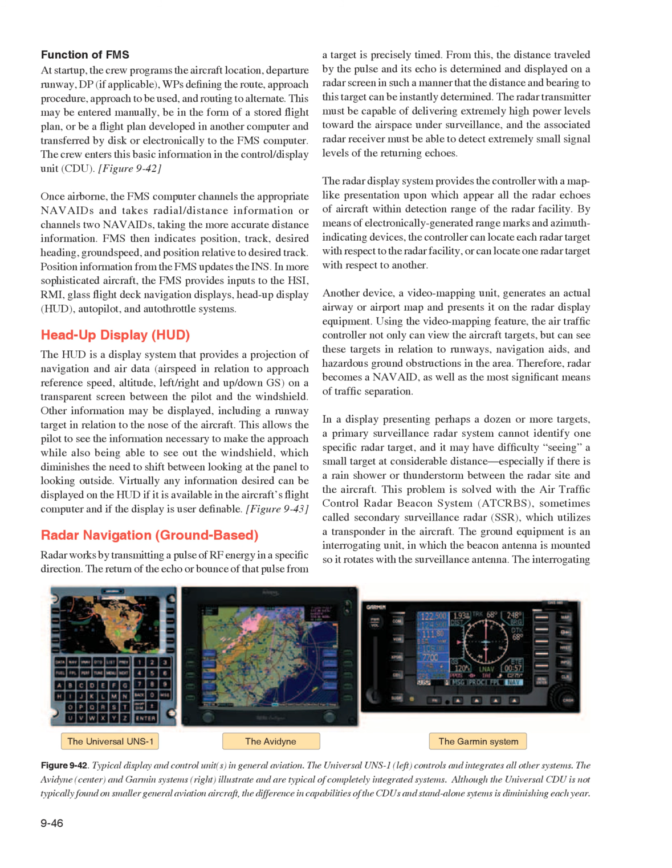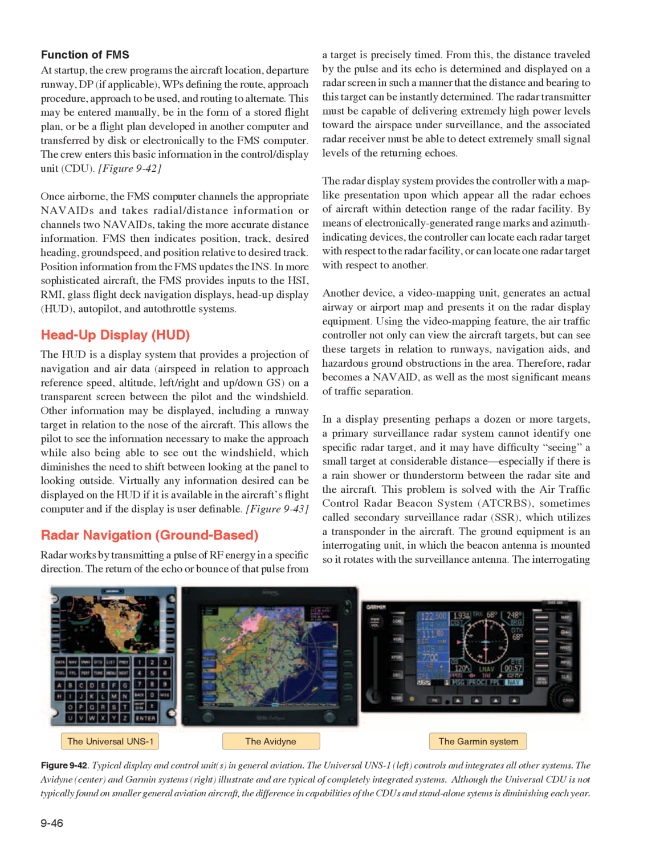In more sophisticated aircraft, the FMS provides inputs to the HSI, RMI, glass flight deck navigation displays, head-up display (HUD), autopilot, and autothrottle systems. Head-up display: the HUD is a display system that provides a projection of navigation and air data, airspeed in relation to approach reference speed, altitude, left/right and up/down Gs, on a transparent screen between the pilot and the windshield.